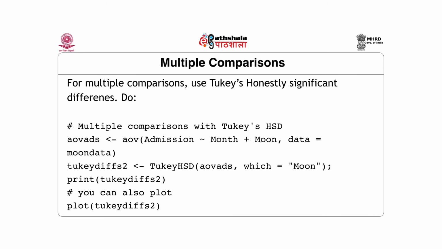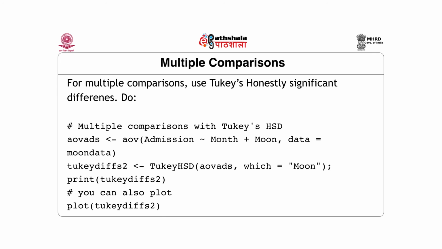Here we conducted multiple comparisons using Tukey's honestly significant difference. In order to run it, we first have to run the AOV, the analysis of variance. Here you can see that we run the analysis of variance on admissions by month plus moon.